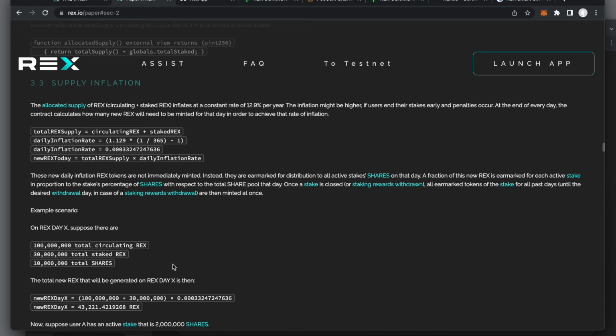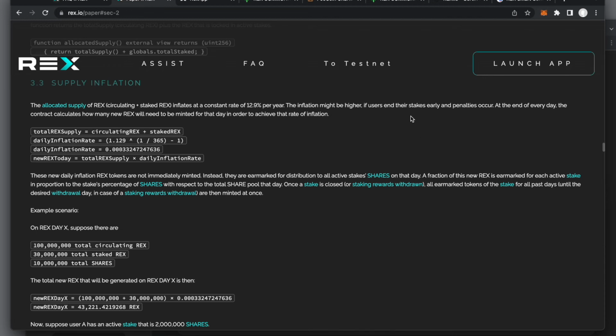So what that's saying is that if you have all of your REX tied up in shares, the contract keeps track of how many new REX are being generated and earmarked for you according to how many shares you have, and those shares will then reflect basically the details of the inflation for that day, because every day the inflation might be different because it not only includes this constant 12.9%, but it also includes other people's behavior.